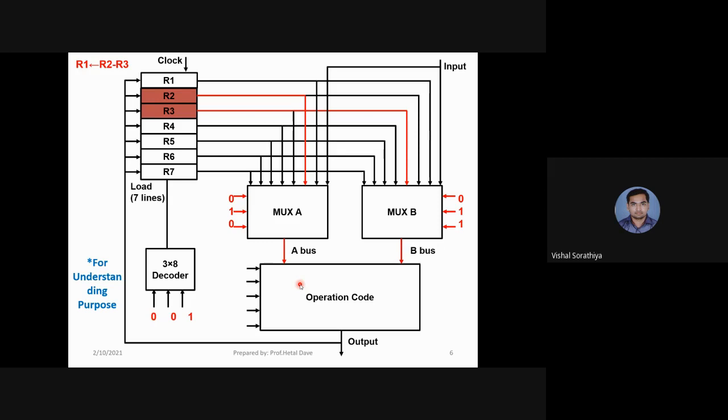Then you give 0, 0, 1 over here, so R1 is enabled and the data is stored like this. Initially R2 came, R3 came, both become the A and B bus, and the output, by giving the decoder line, is stored in R1. So this is a little bit of an animated view of the overall structure.